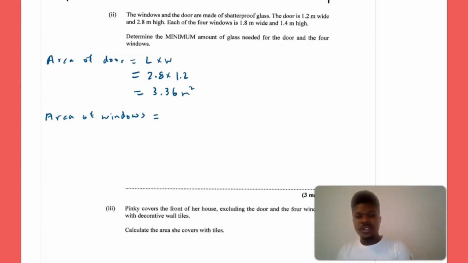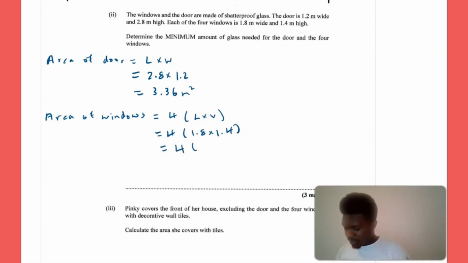Now there are four windows, and all of them are identical, so it's 4 times length times width. So it's 4 times the length, which is 1.8, times the width, which is 1.4. So 1.8 times 1.4 is 2.52, multiplied by 4, we get 10.08 meters squared.